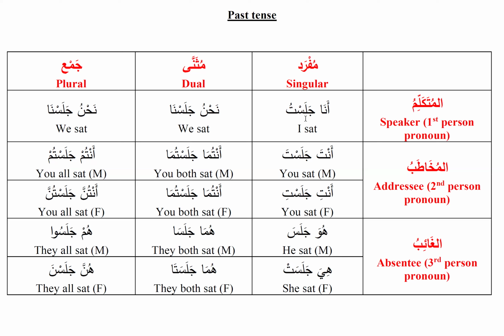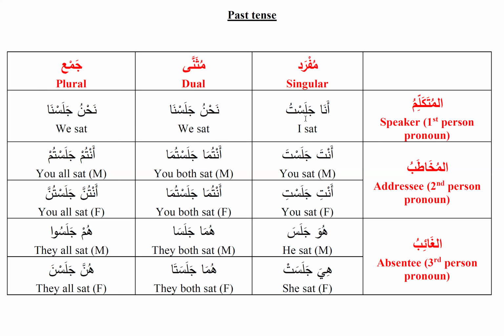So I've written the jam'a plural for both over here, whereas in fact they both are the same. So when it comes to plural or dual, then what you add at the end is a na. Instead of tu, you add na at the end. So when you want to say we sat, we say jalasna. Take the verb jalasa, put na at the end. Simple as that. So that's what we do for first person.